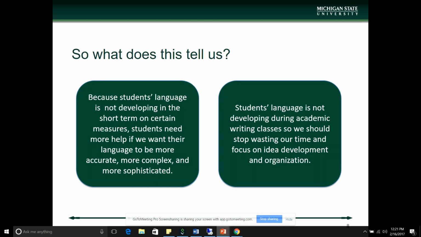We also looked at their revision. I don't have the results off the top of my head from their stimulated recall, but we're trying to look at how they revise. When they revise, did they revise for language or for ideas? This is a study we're in the middle of, and hopefully we'll be presenting the results at the Second Language Writing Symposium in Thailand.